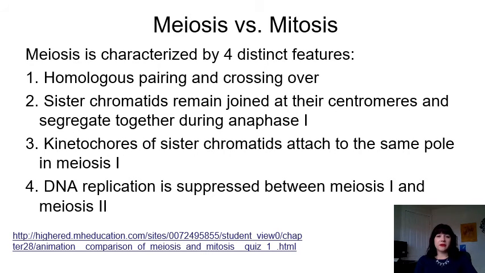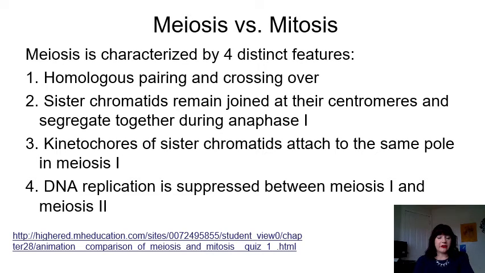So let's spend a little more time delving into meiosis and comparing it to mitosis. These are the four main things that distinguish meiosis and mitosis. First, homologous pairing and crossing over don't occur in mitosis. That's what produces genetic variety in the egg and the sperm. Second, the sister chromatids remain joined at their centromeres and segregate together during anaphase 1.